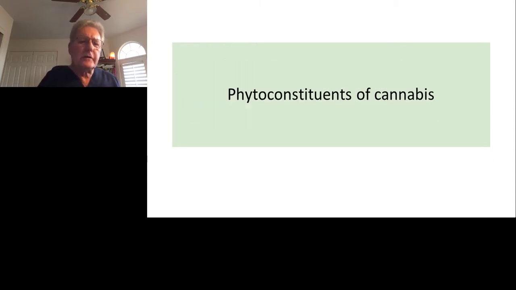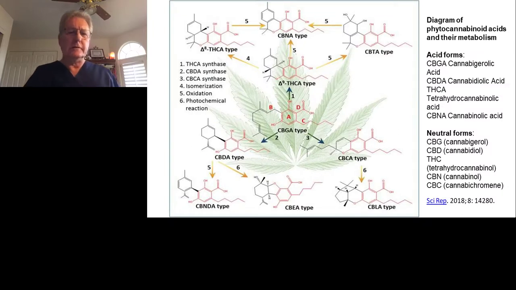So let's look at the phytoconstituents that come out of the cannabis sativa plant. They all start as an acid form, and the main acid that all other cannabinoids are derived from is CBG. This chart shows you the enzymes also involved in generating the main phytocannabinoids.